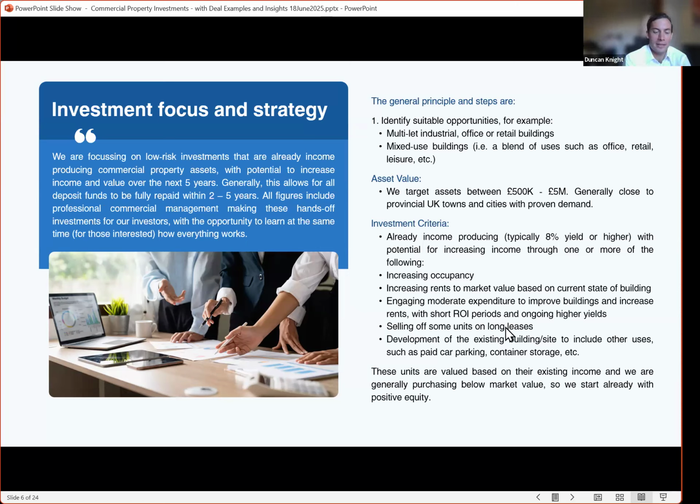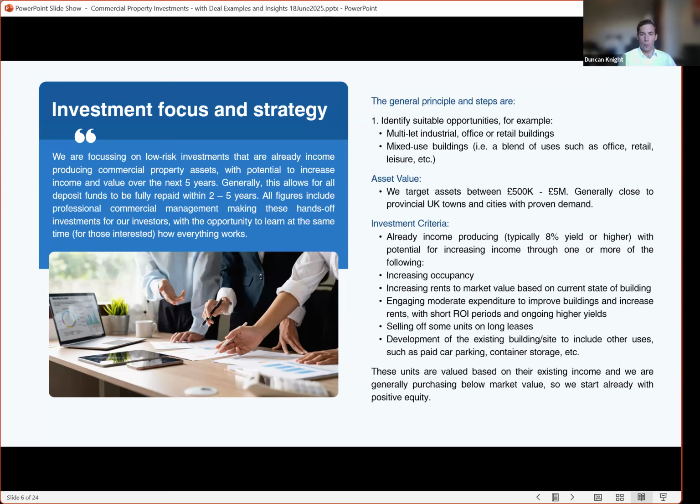So generally, the aim of our game at the moment is to hunt for multi-let properties, which typically reduces the risk, it spreads the risk. It allows us to draw on multiple sources of income rather than just one sole income source.